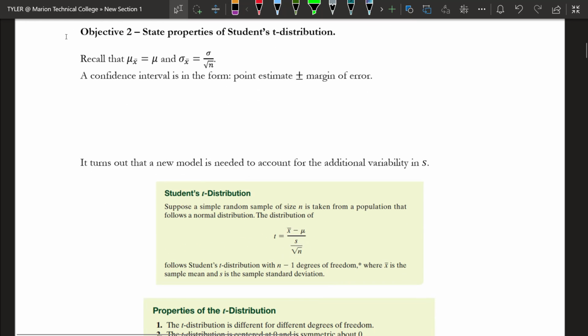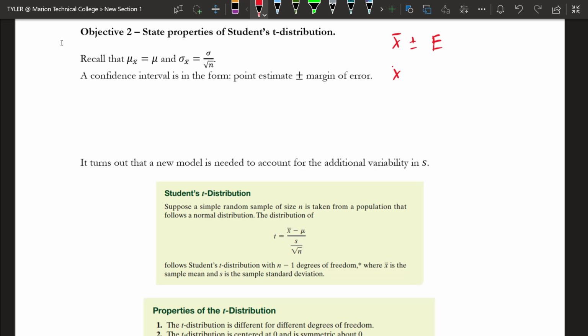Now let's think through what the margin of error would look like. Just to recall, the mean of the distribution of x bar is equal to mu, and the standard deviation of x bar is sigma divided by square root of n. If we want to build a confidence interval in the form point estimate plus or minus the margin of error, we could first write this as x bar plus or minus e, where e is the margin of error.